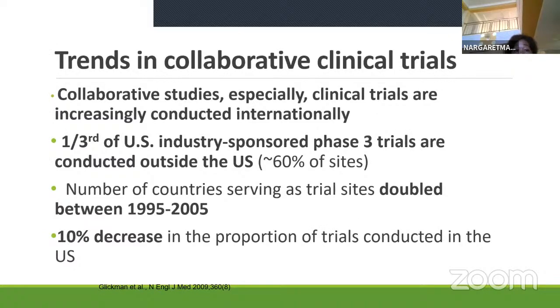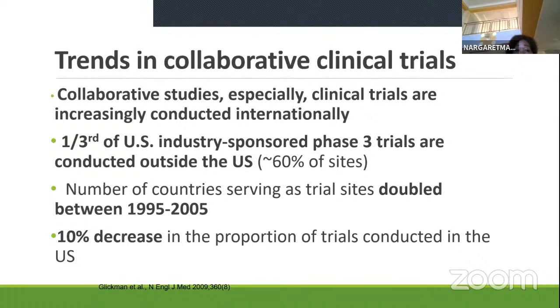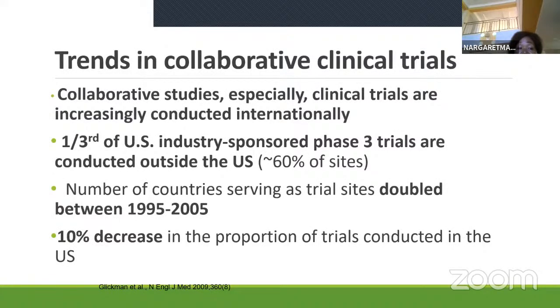So, as hinted earlier, collaborative studies are increasingly conducted internationally, as shown in that graph. And a third of US industry-sponsored phase 3 clinical trials are conducted outside the United States, in about 60% of the sites.